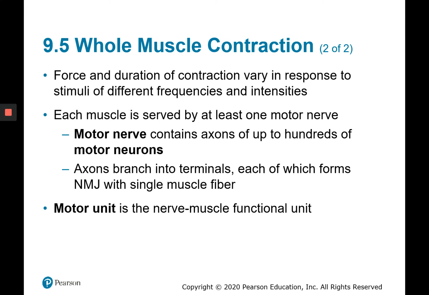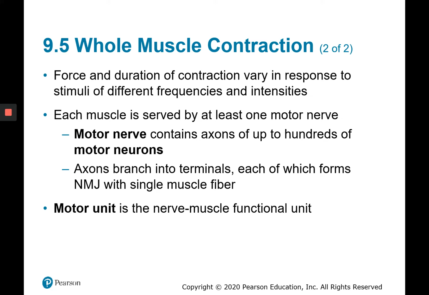We also want to talk about motor units. Motor units are a nerve-muscle functional unit. They're made up of the many axons and their axon terminals from a motor nerve and the sarcolemmas of the muscle fibers in a muscle. So that's what we're looking at here.